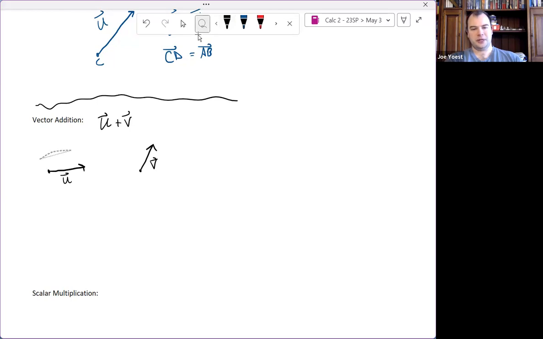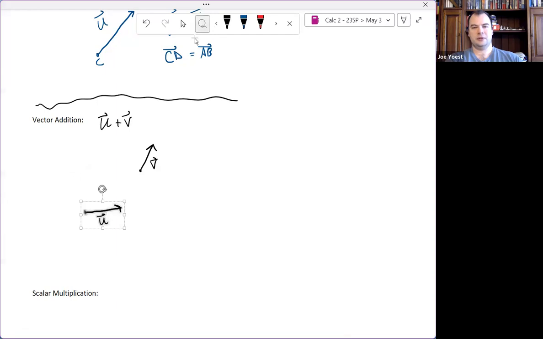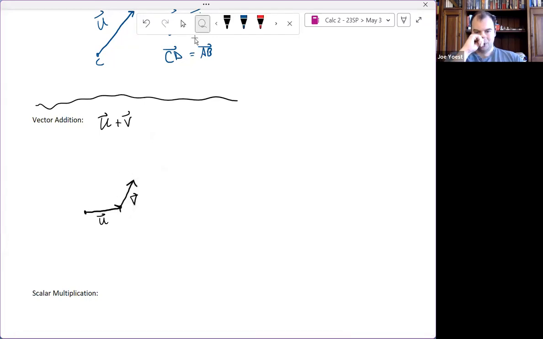Well, for U plus V, I would start by taking U, and I want to add V to it. So I would put the initial point of V at the terminal point of U.